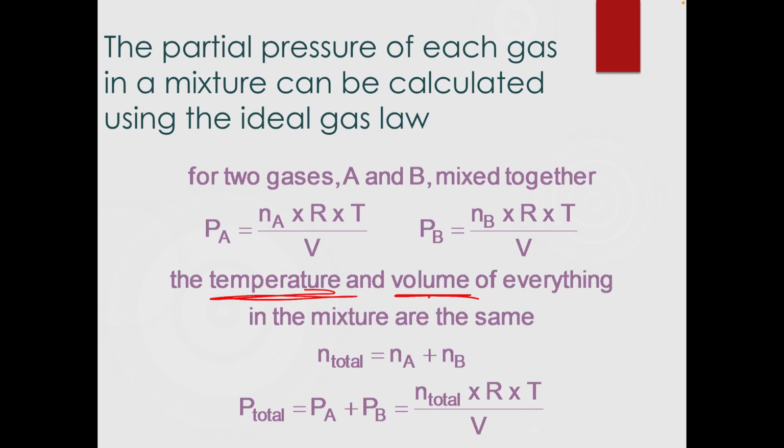Had we been given the pressure of neon and the pressure of xenon, we could have figured out our total number of moles by calculating the moles of neon, the moles of xenon, and adding them together. Or we could have added together our pressure of neon and our pressure of xenon to get our total pressure. So we can use this ideal gas law in a lot of different ways and just manipulate it to find what we are looking for.